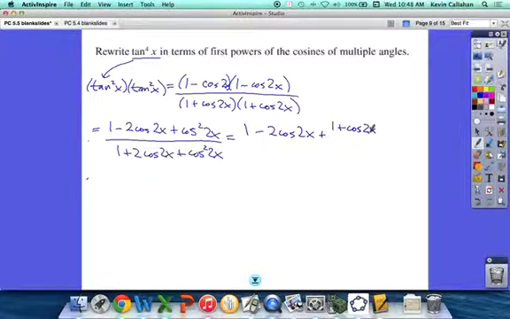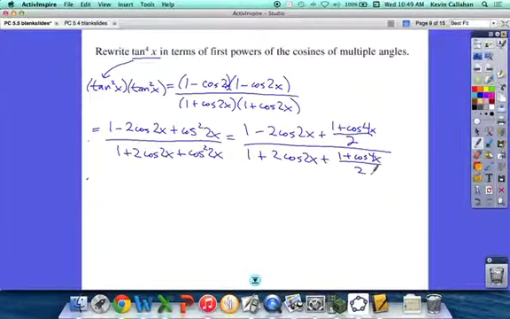For us, we're starting with a cosine squared of 2x, so this has got to be 4x, divided by 2. And now we've got to divide by, similarly, 1 plus 2 cosine 2x plus 1 plus cosine of 4x divided by 2.